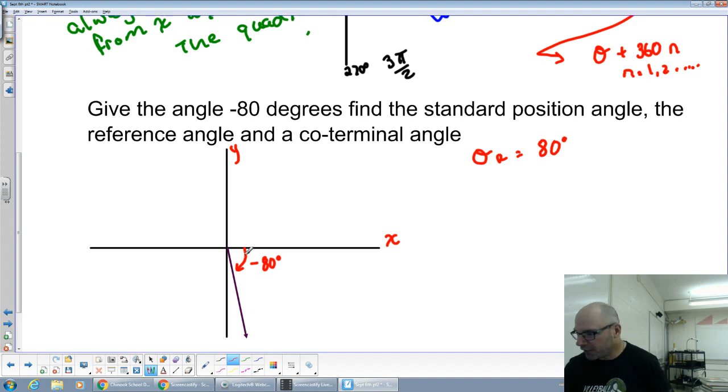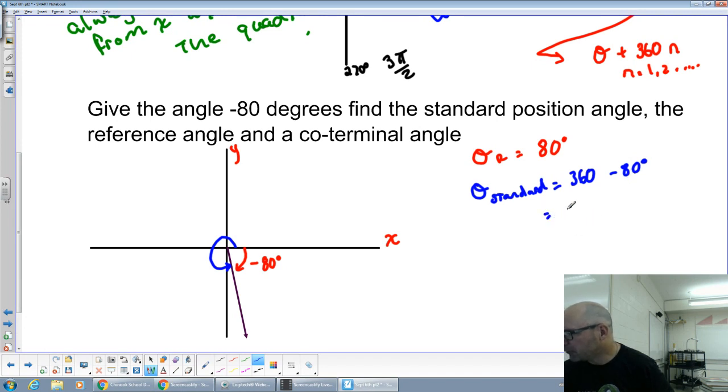If we come around here for the standard position angle, we know that this is 270 plus another 10, or this is 360 minus 80, depending on how you want to do it. So theta standard, I'm going to go 360 degrees minus the 80 degrees.